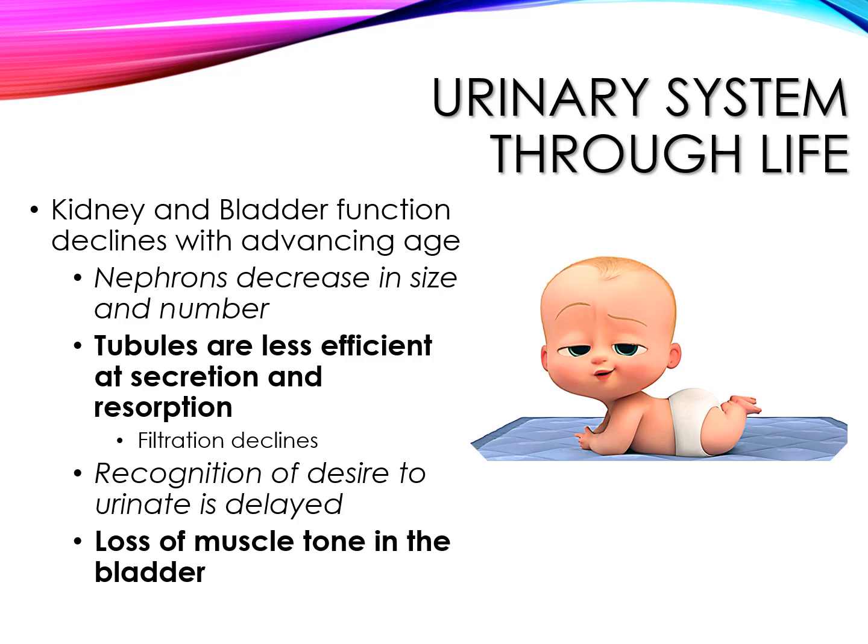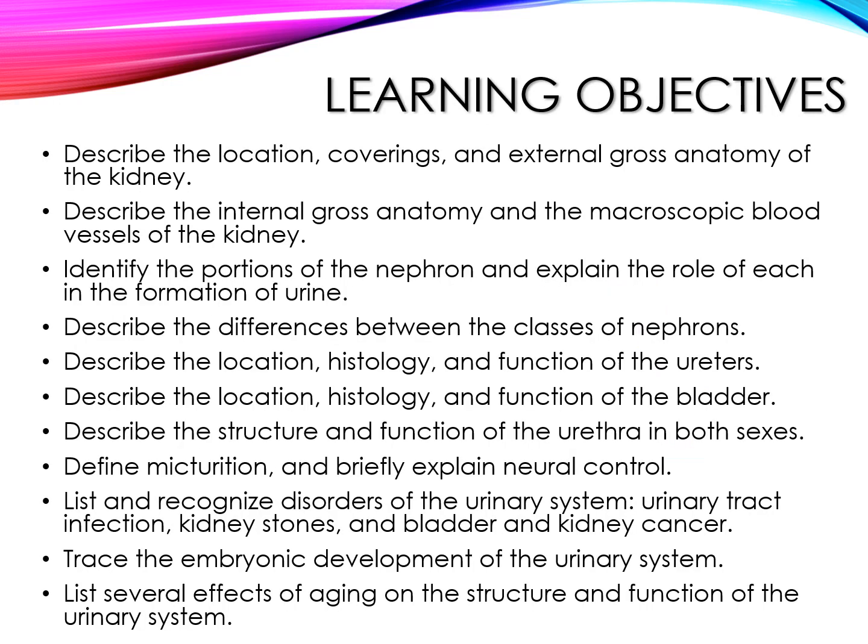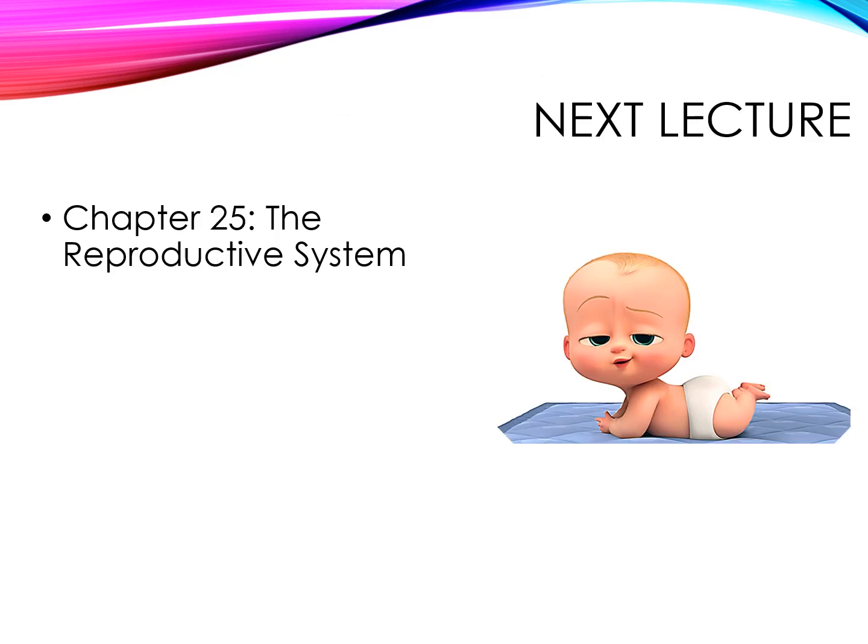So as the urinary system ages, you do get quite a bit of decline in function in the kidney and the bladder. Essentially those nephrons decrease in size and number, and the tubules are less efficient at secreting and resorbing. So you definitely get this decline of urine production.